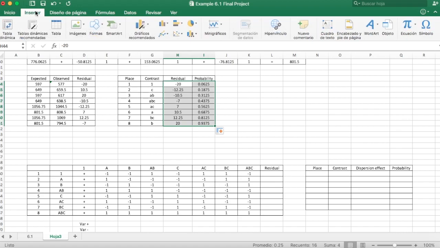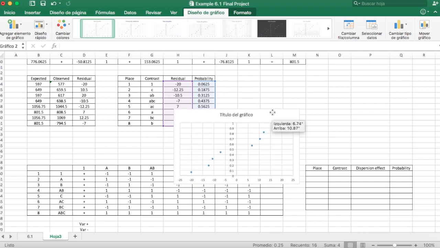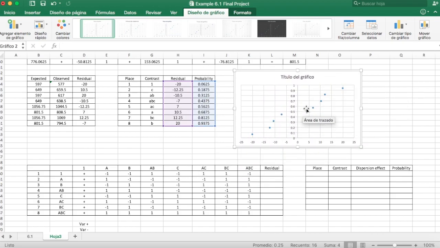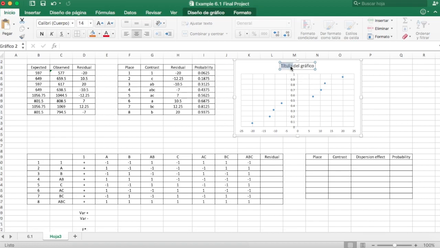Then we need to plot it to know if it is normal, the normality test. And yes, we can see here a line. It's not as straight as it could be, but it shows a normal behavior. Normality test. I'm going to write it down here.